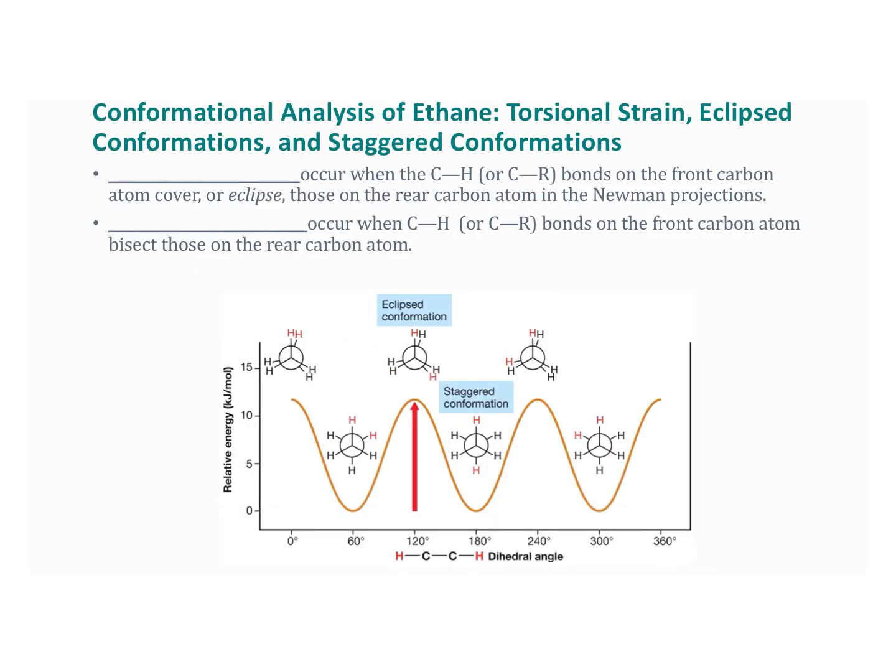So as I mentioned on the previous slide, we see kind of 3 rotational conformations in this figure where ethane's energy is at a maximum, right? And so ethane's energy is at a maximum at 0, 120, and 240, right here. Those are the eclipsed conformations.